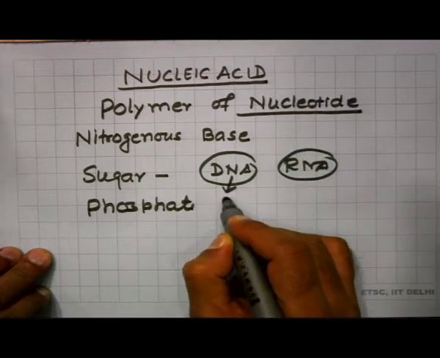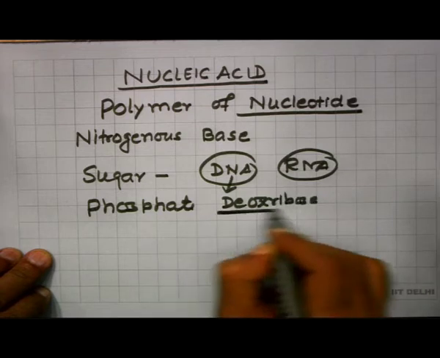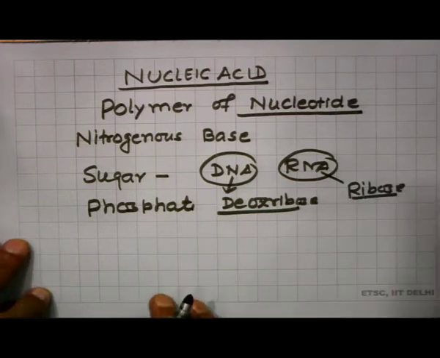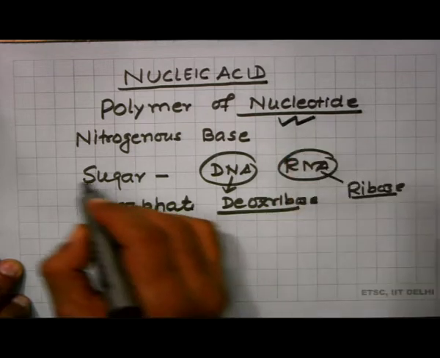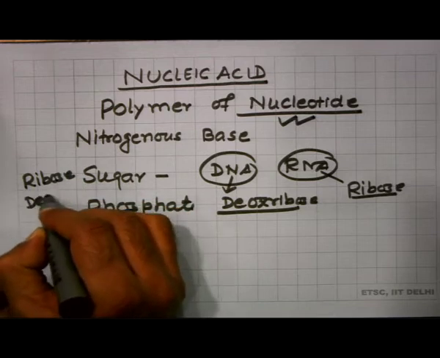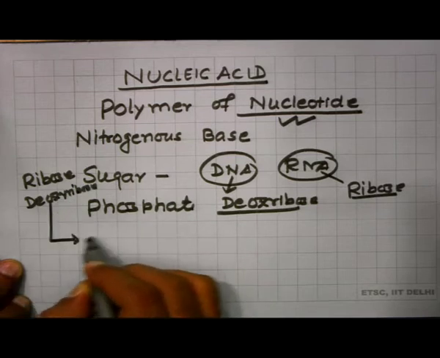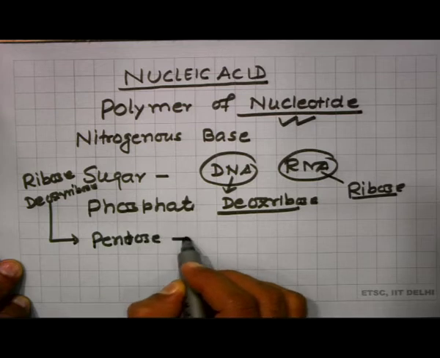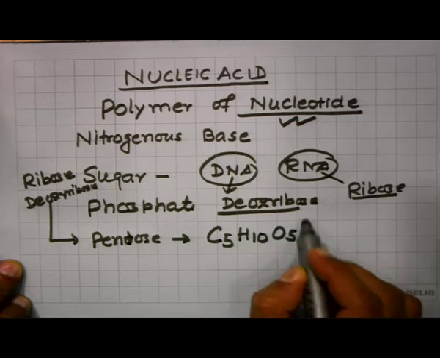Here deoxyribose sugar is present, here ribose sugar is present. So, in case of nucleic acid, which is made by the nucleotide, the sugar is ribose or deoxyribose, which is a pentose sugar. The formula of ribose is C5H10O5.